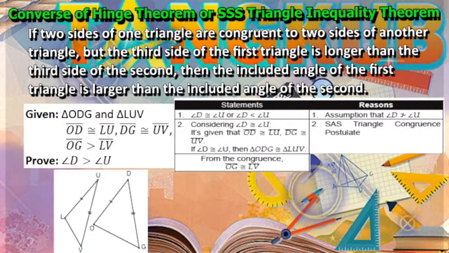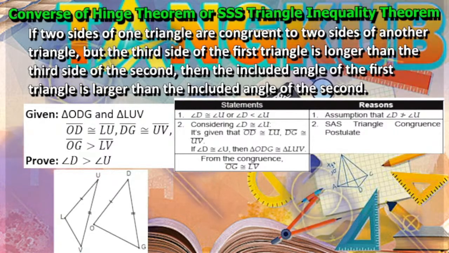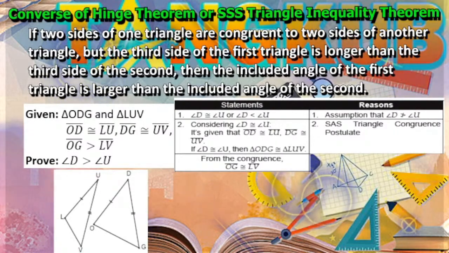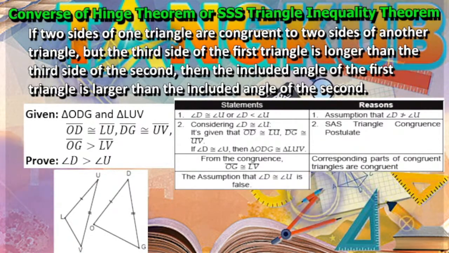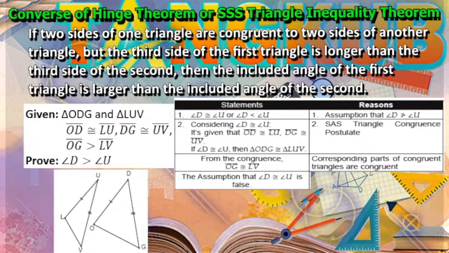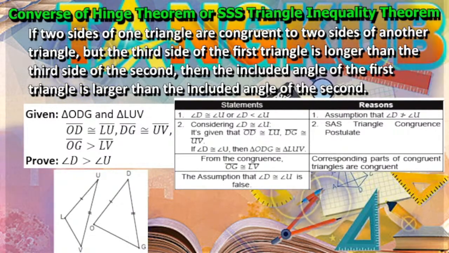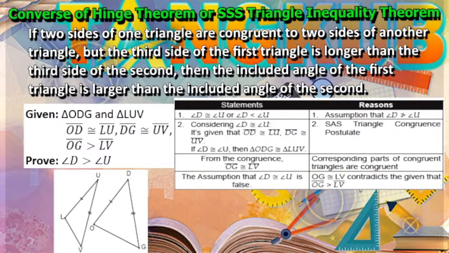Now from the congruence, side OG is congruent to side LV. Reason, corresponding parts of congruent triangles are congruent. Then, the assumption that angle D is congruent to angle U is false. Reason, side OG is congruent to side LV, which contradicts the given that side OG is greater than side LV.